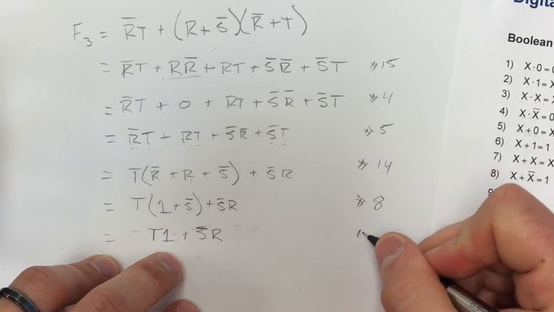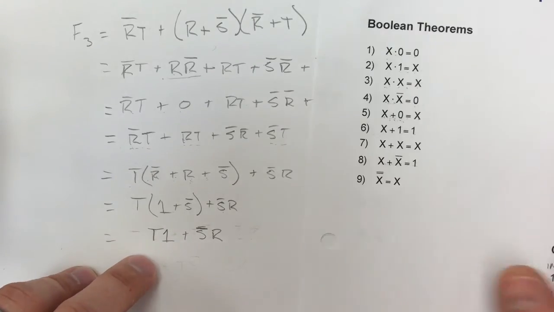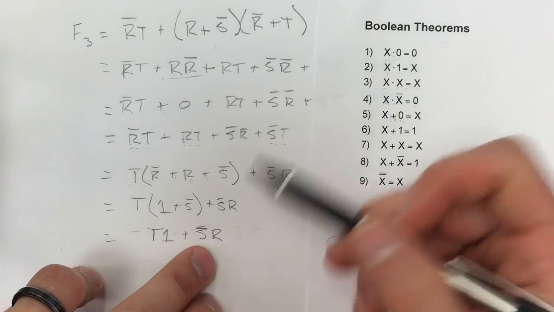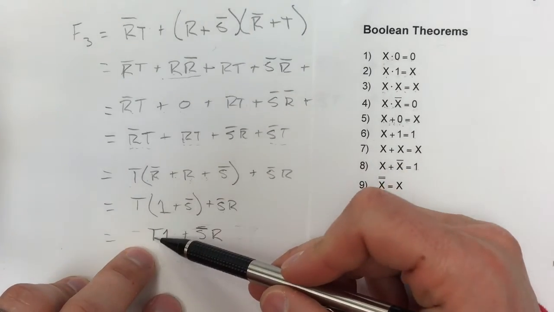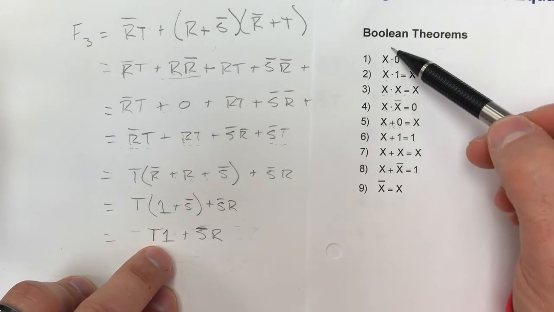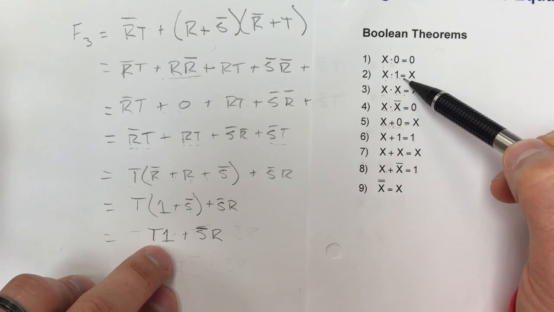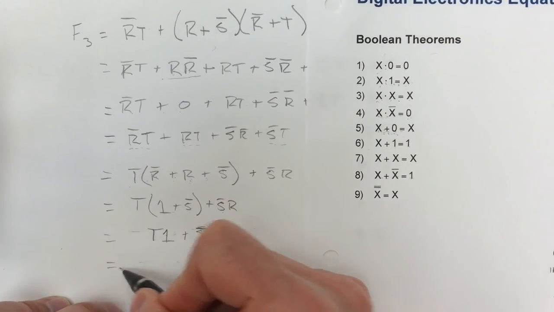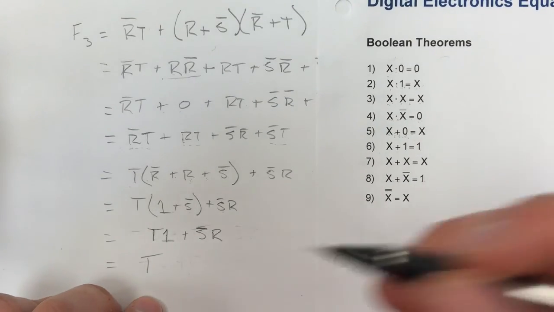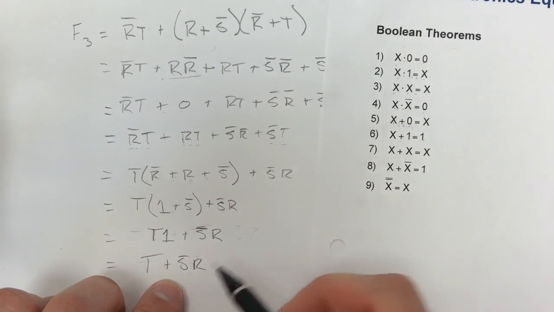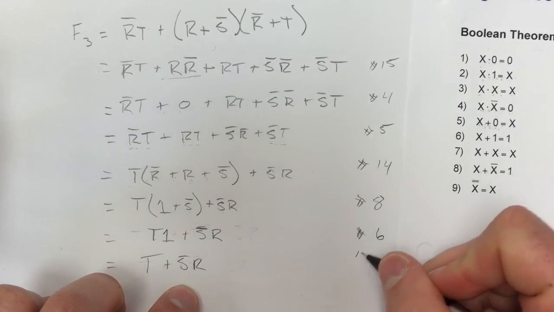S naught R we really can't do anything with, but T and 1, an input and 1, that's theorem number 2, is the input. So the input and 1 is just the input: T or S naught R. We use theorem number 2 for that.